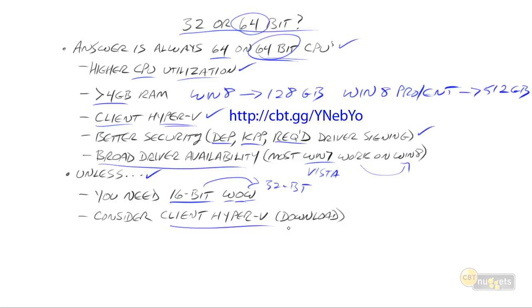You could run that on your Client Hyper-V virtual machine while you're running a 64-bit version of Windows for your host operating system. So you get all the benefits of 64-bit in your normal desktop operations. When you need to run that one troublesome little application, you can use Client Hyper-V.